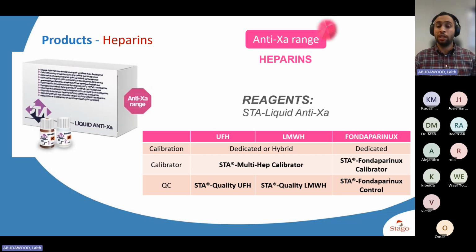I don't know at this stage. I can run just one single assay on the analyzer. I don't need to run on the UFH curve and the low molecular weight heparin curve. Just one curve for both of them. Then I release the result as it is. For fondaparinux, we have a dedicated or a separate calibrator. For the QCs, we have a QC dedicated for each of these types of heparins.